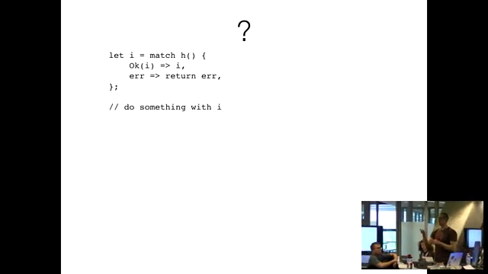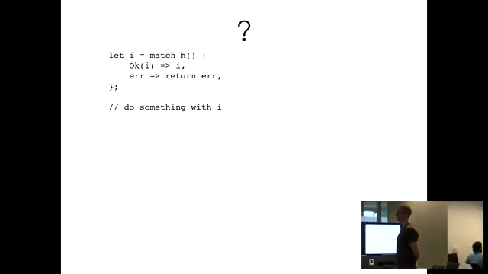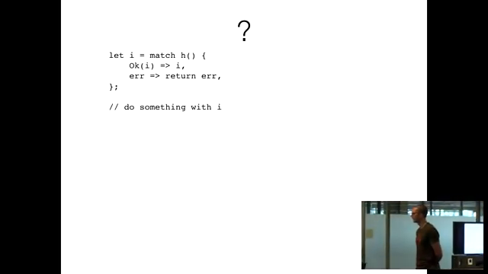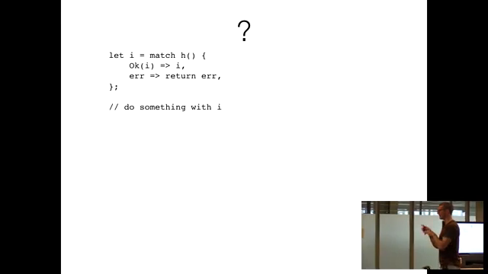There's a question over here somewhere. If this postfix question mark includes returning out of the function, it's a bit like a macro, so shouldn't there be an exclamation mark as well? The history of this is it used to be a macro. It used to be called try exclamation mark.